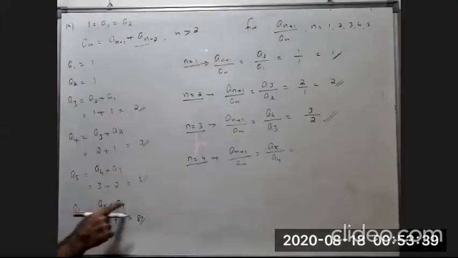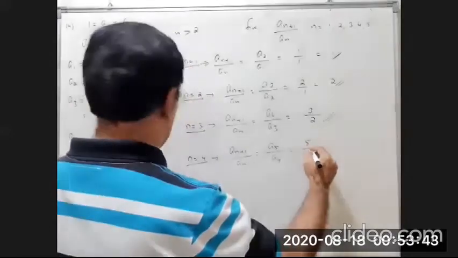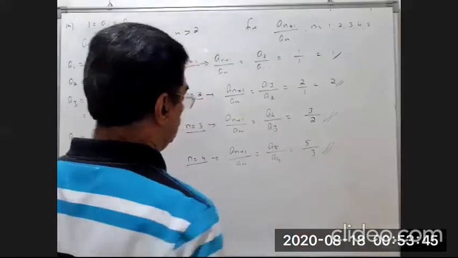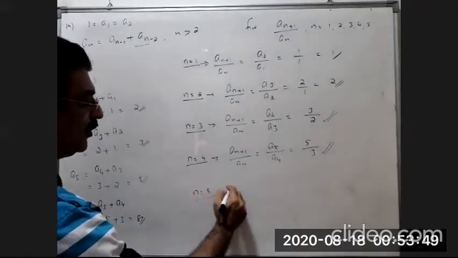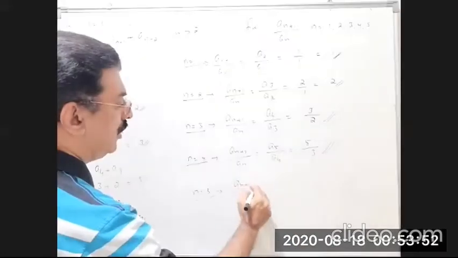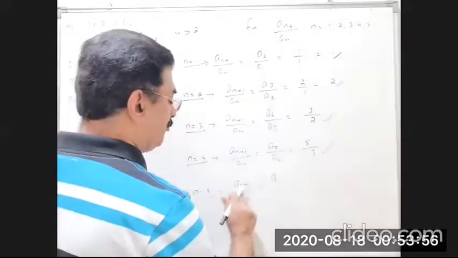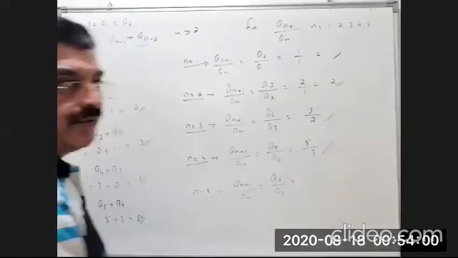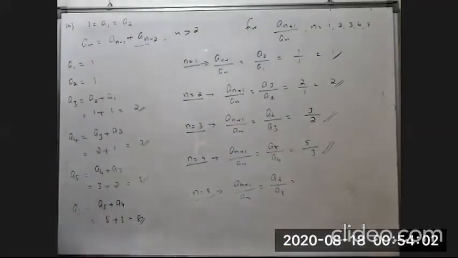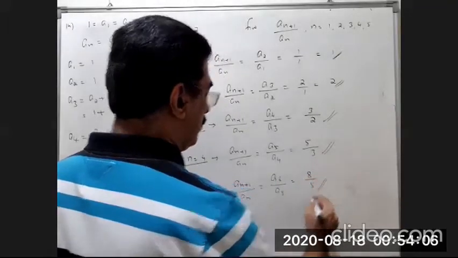What is a5? 5. By a4 is 3, 5 by 3. If n is 5, our expression an plus 1 by an becomes a5 plus 1, a6 by a5. We need a6. That is why we found a6 earlier, which is 8 by 5. That's it.